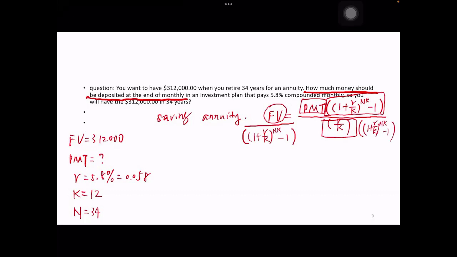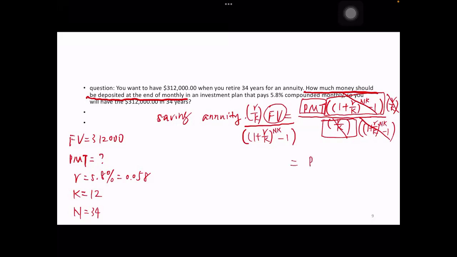On the right-hand side, this cancels out. And then on both sides of the equation, we need to multiply by R over K. When you multiply or divide both sides of an equation by the same number or expression, the new equation stays equivalent. So now R over K cancels out, and on the right-hand side we only have payment.